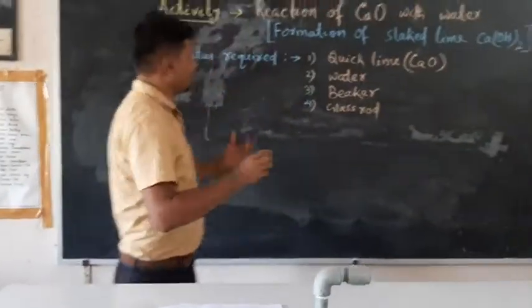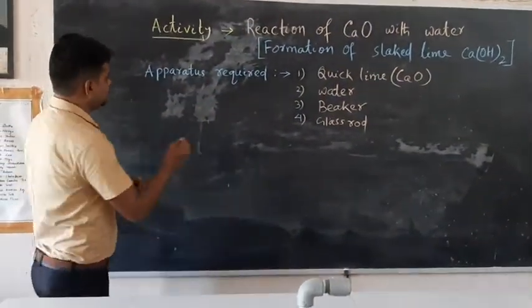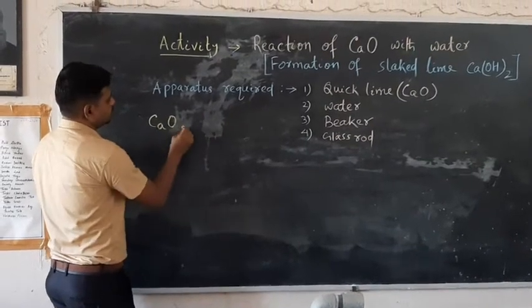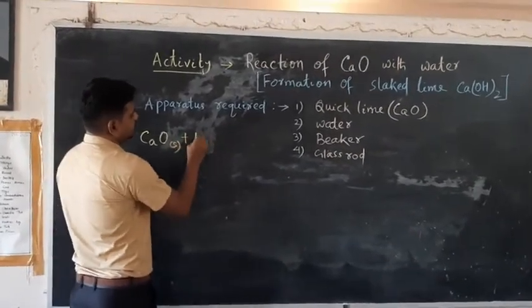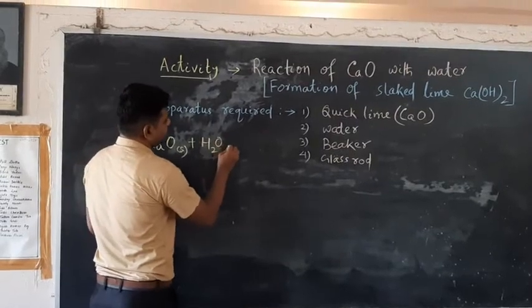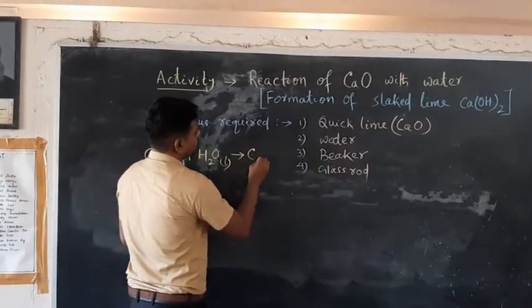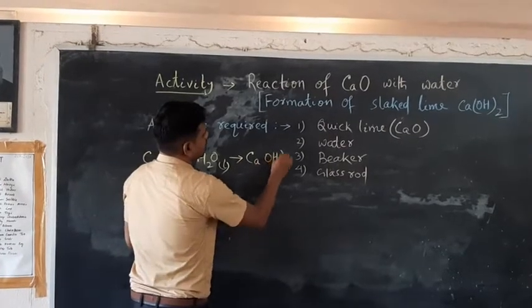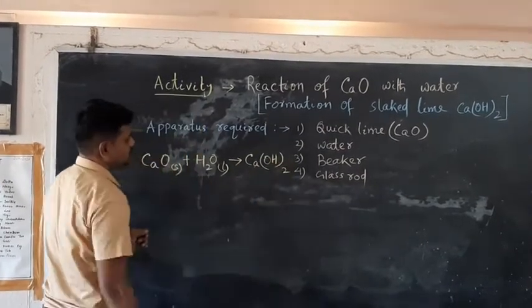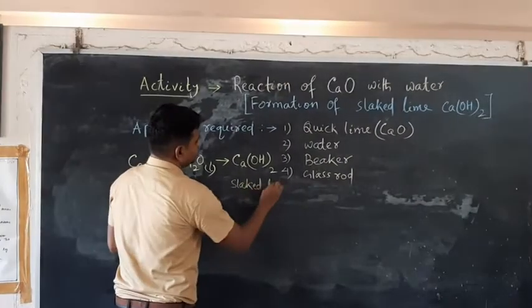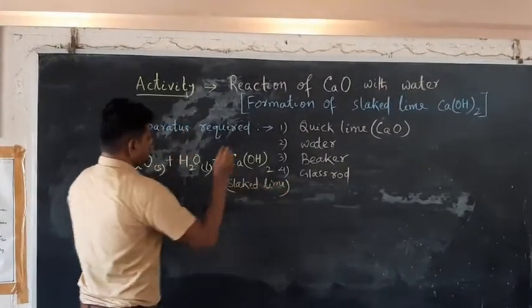So if we write the reaction of this activity, the calcium oxide, which is solid, when it reacts with water, forms calcium hydroxide, which is also called slaked lime.